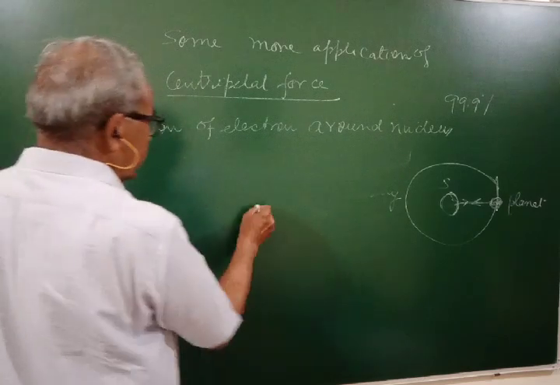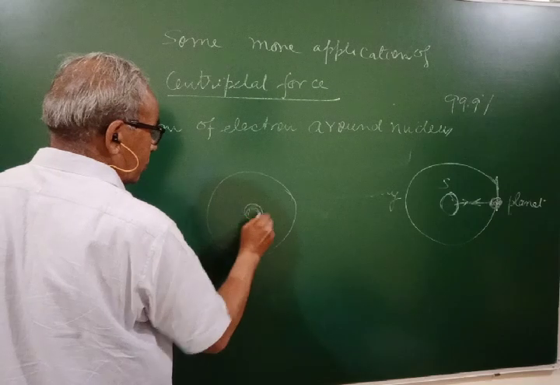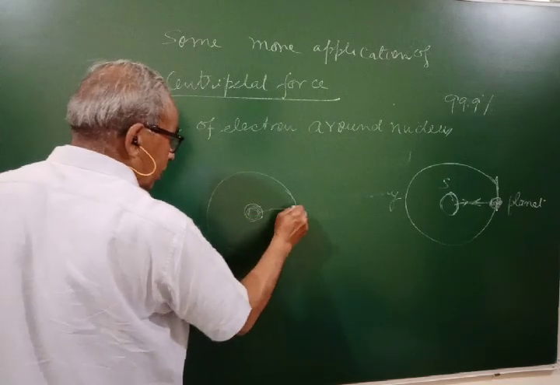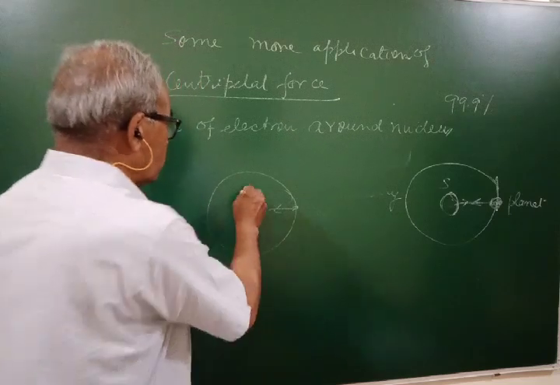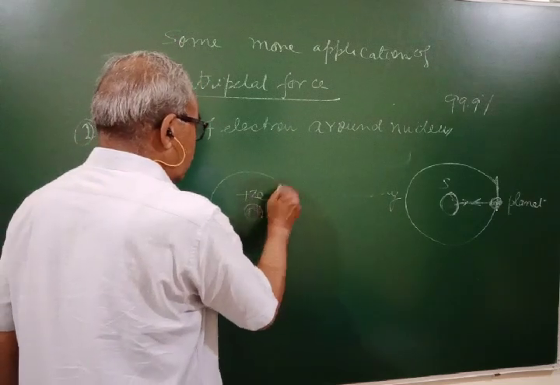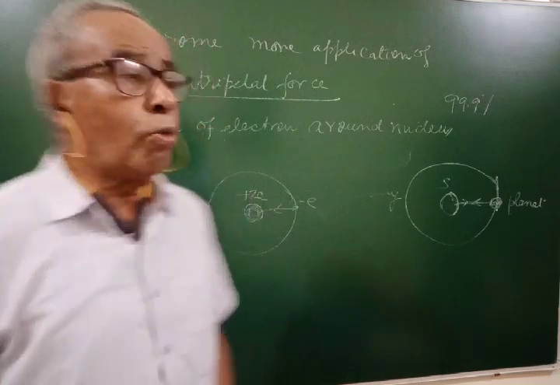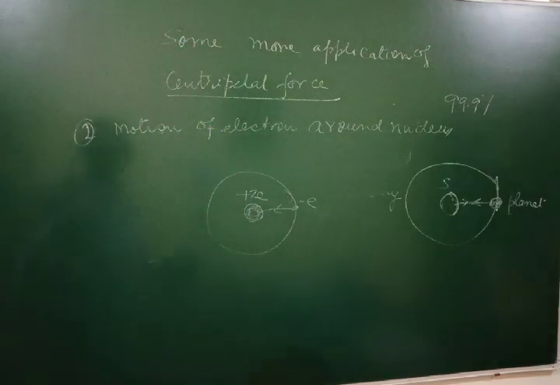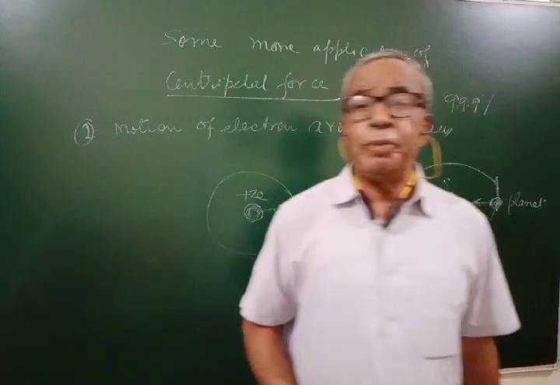So here the electron revolves around the nucleus in a circular path. It also needs centripetal force. The force of attraction between the positive charge of the nucleus and the negative charge of the electron provides the necessary centripetal force.